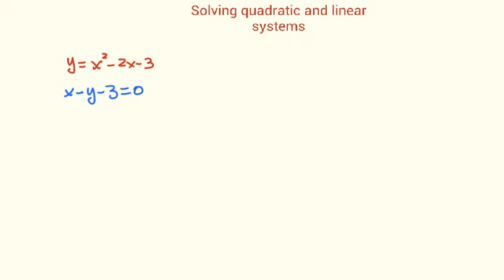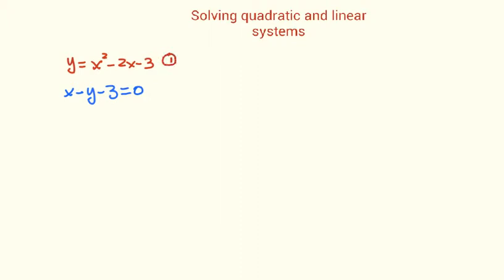So right here we have two equations. We've got equation 1, which is y equals x squared minus 2x minus 3. So this is my equation 1. And equation 2 is a line, x minus y minus 3 is equal to 0.